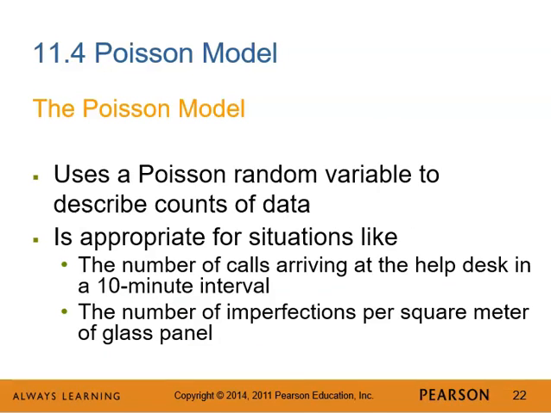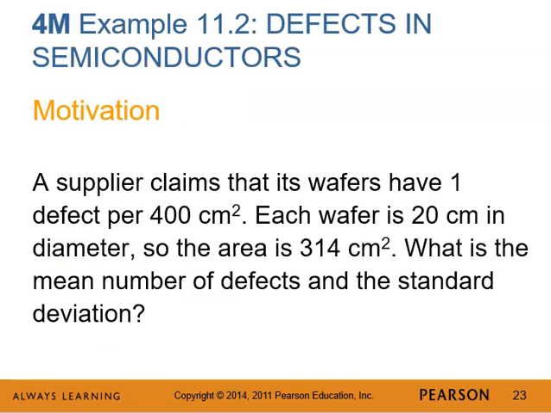So the Poisson model uses a Poisson random variable to describe counts of the data and is appropriate for situations like the number of calls or arrivals at the help desk or in an airport, in a 10 minutes interval or 30 minutes interval or 1 hour interval. It doesn't really matter. We can always change that interval.